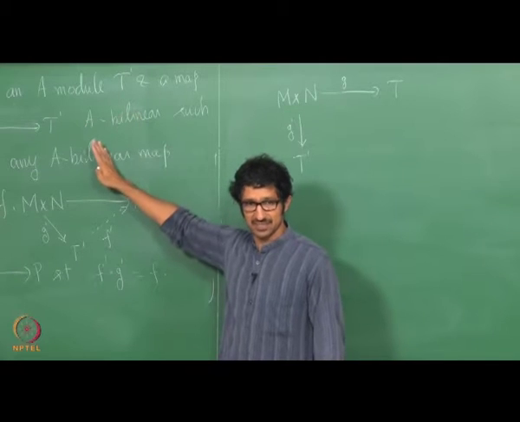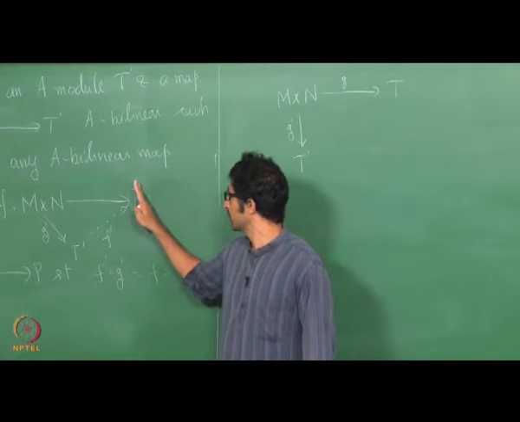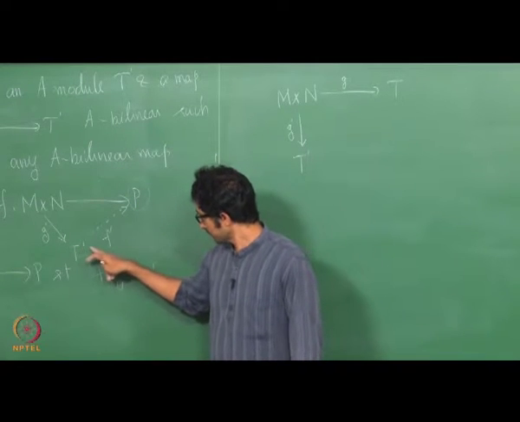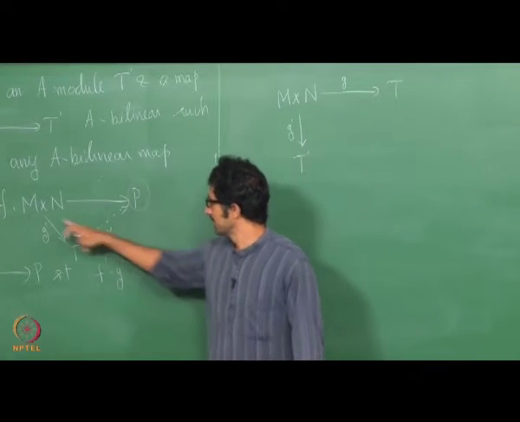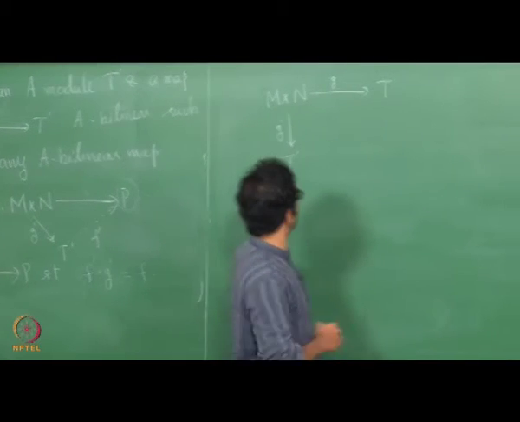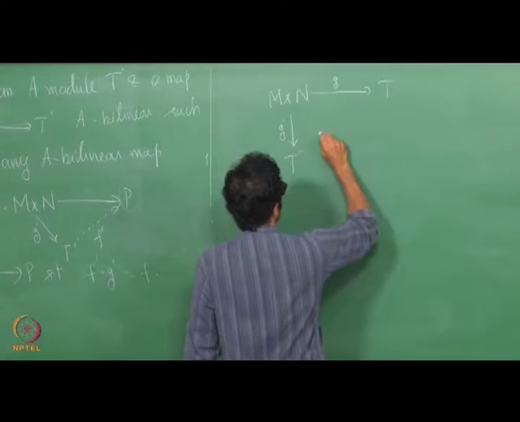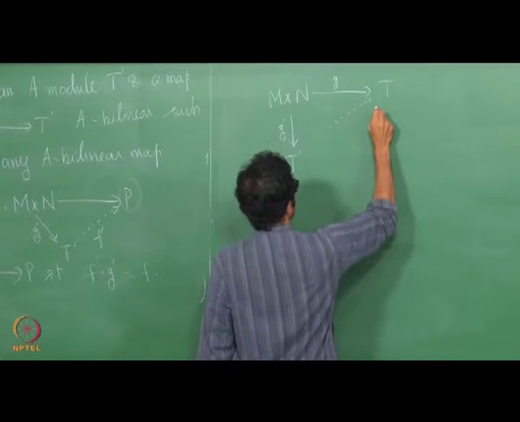There exists this module such that given any bilinear map from M cross N to an A module P, there exists F prime such that the composition is F. So therefore our aim is to see if I have a map here and a map here.